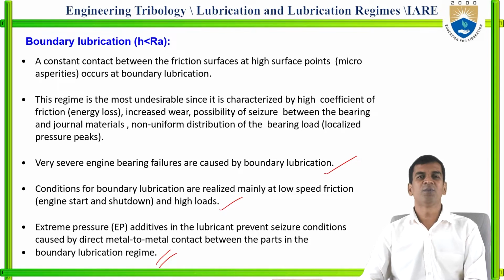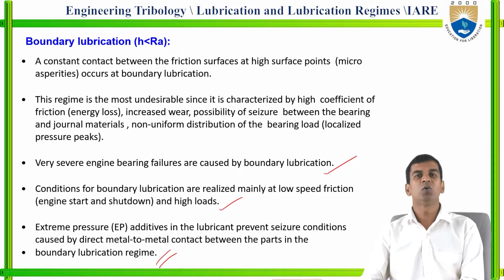The conditions are low speed and high loads, and if we add extreme pressure additives to the lubricant, there is a chance to prevent direct seizure of the engine parts which are in contact with each other.